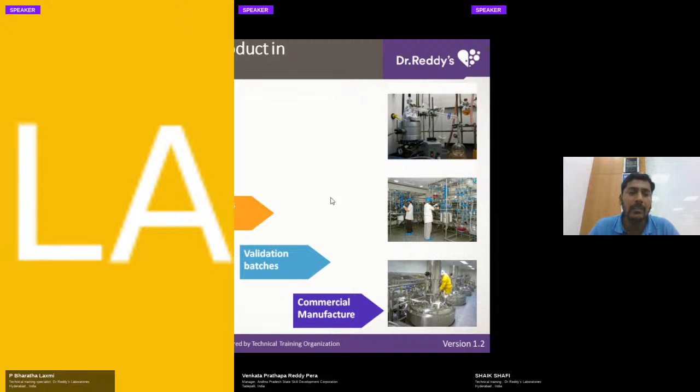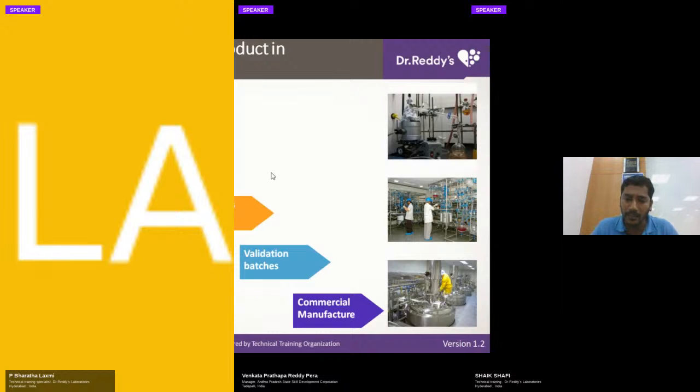This will be in very small scale, maybe in grams or kgs. Coming to pilot plant, this is a bridge between plant and lab trials. So here we do optimization, how to scale up. These studies we do in the pilot plant. This is a bit larger than lab trials.